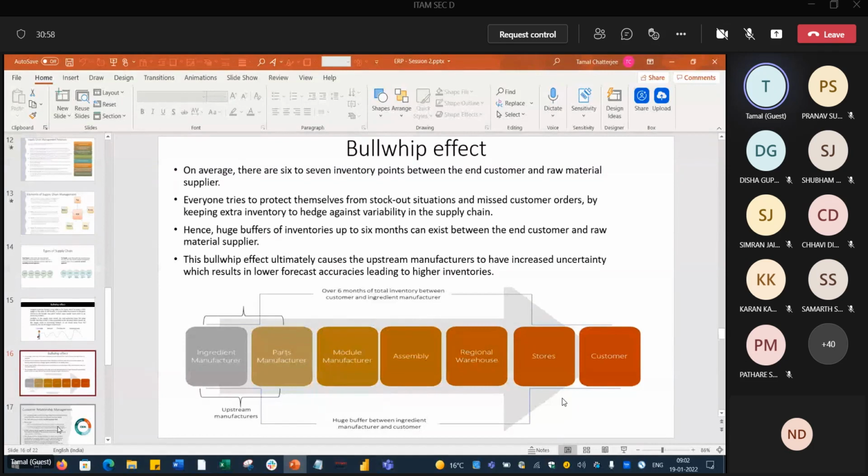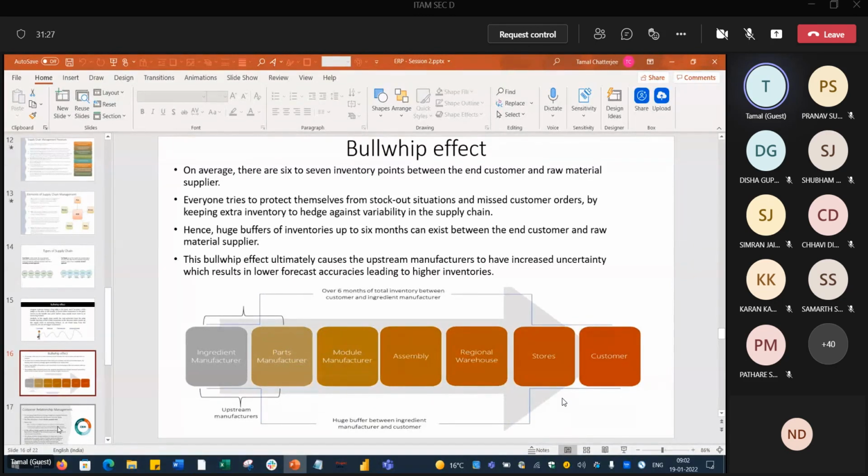A huge buffer of inventories of around 6 months can exist. So this bullwhip effect ultimately causes the upstream manufacturers, obviously manufacturers will always be upstream, to have increased uncertainty, which results in lower forecast accuracies. So it is very difficult to predict the demand.